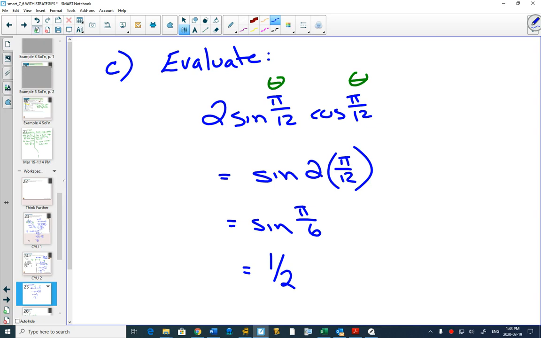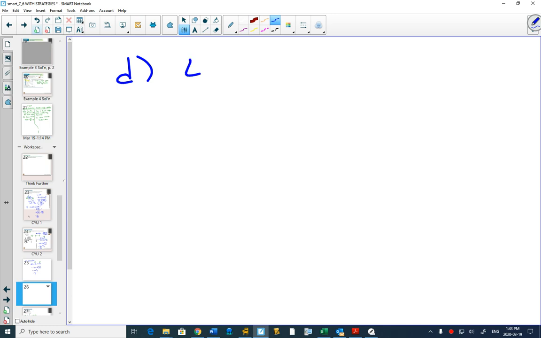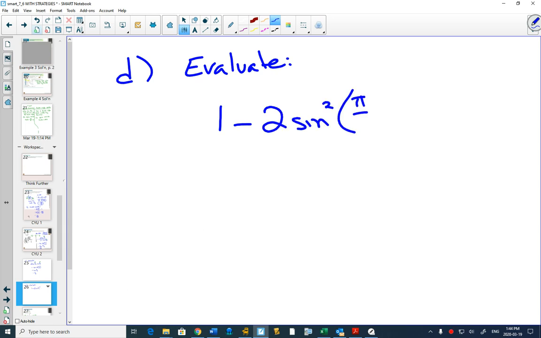And then part D. You might get a value you've never seen before on a non-calculator part. Pi over 8. Then for sure you'd be looking at your formulas. Does this match up with one of our formulas?